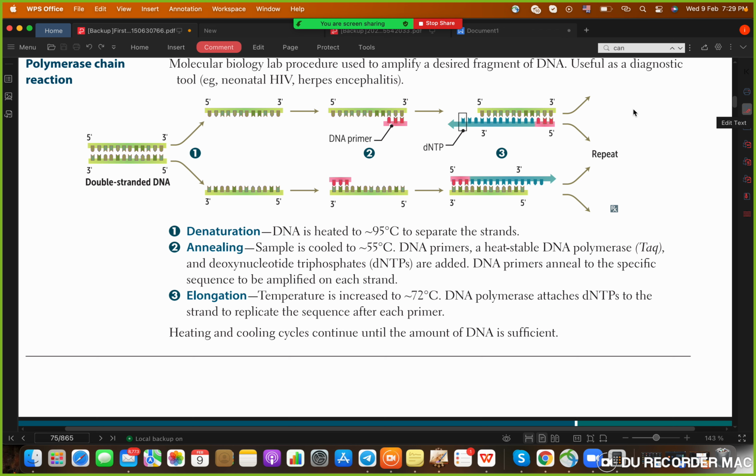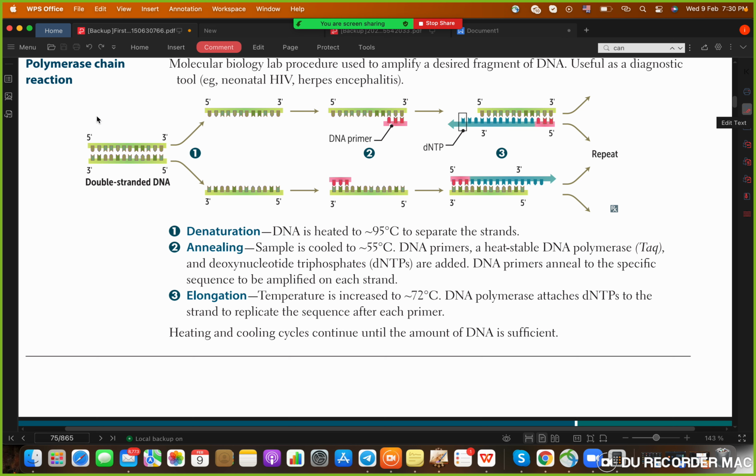Now, 2, 4. Keep doing it. From the 4 you get 8, 16, 32, 64, and keep going. Basically, you will have a huge amount of these particles that can be detected. So the heating and cooling cycle continues until a sufficient amount of DNA is present to be detected.